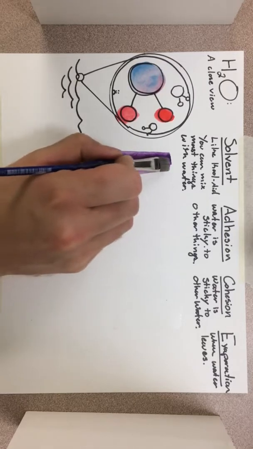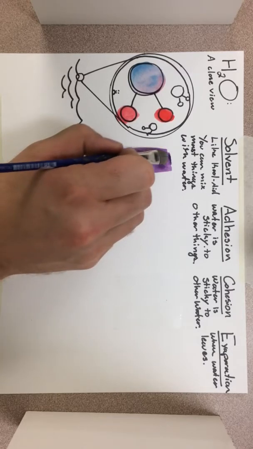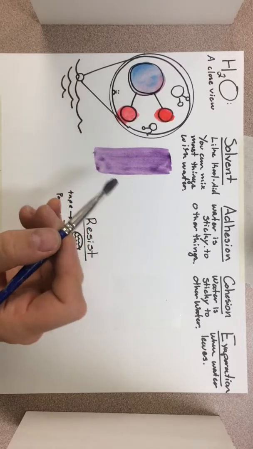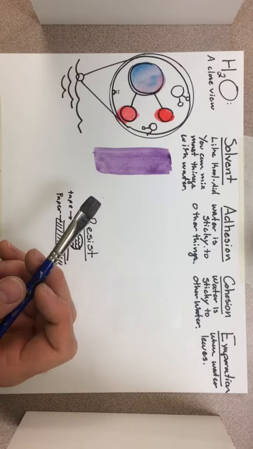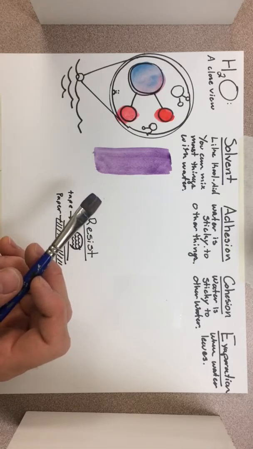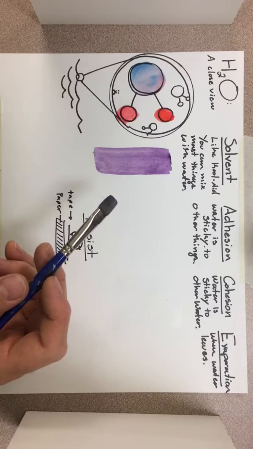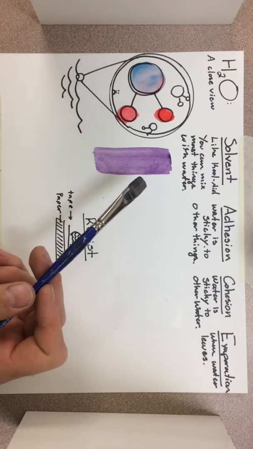Anytime you've made Kool-Aid, you have actually made a solvent, and you've used the dissolving properties of water. When you drink Kool-Aid, it doesn't taste all grainy or powdery. It just tastes like a liquid. That's because the powder has dissolved in the solvent we call water.